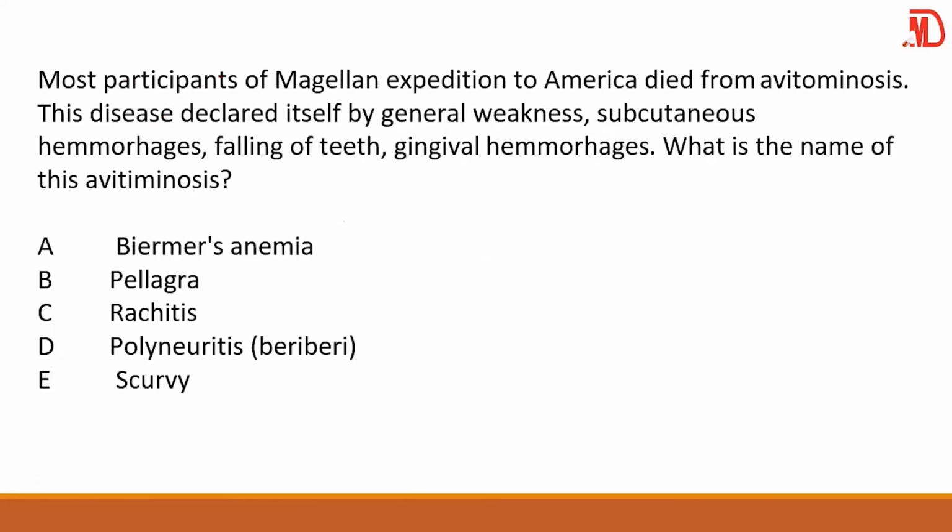Now, most participants of the Magellan expedition of America to America died from avitaminosis, that is deficiency of a vitamin. This disease declared itself by general weakness, subcutaneous hemorrhages, falling of teeth, gingival hemorrhages.